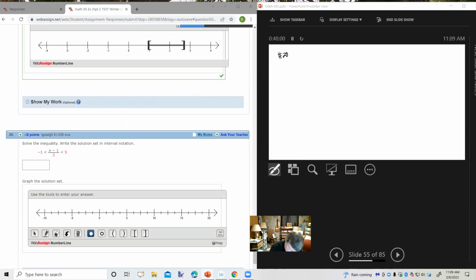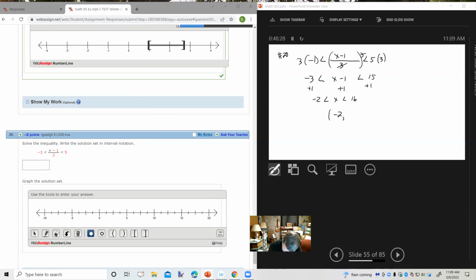Solve the inequality. Negative 1 less than x minus 1 over 3 less than 5. I'm going to multiply everybody by 3 to clear the fraction. So I get negative 3 less than x minus 1 less than 15. Add 1, add 1, add 1, negative 2 less than x less than 16.